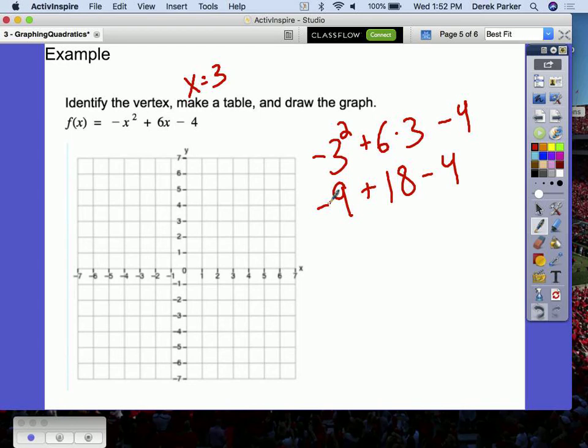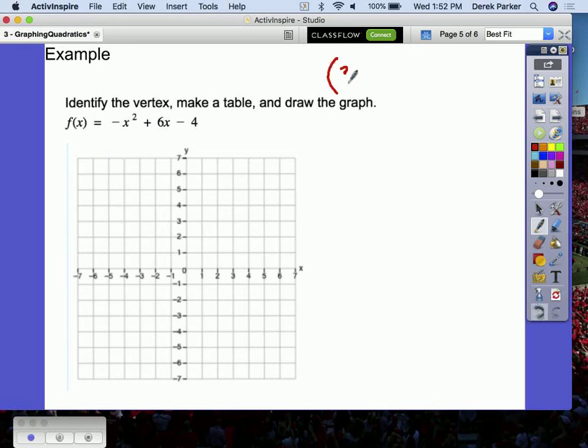So that's going to be negative 9 plus 18, which is 9, minus 4, and I get 5. Now, I'm glad I did that. That is not negative 3 squared. That would be negative on the outside of the parentheses, because that's like saying negative 1 times x squared. So our vertex is (3, 5).